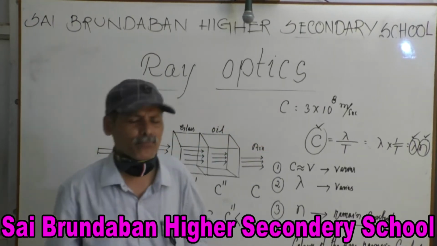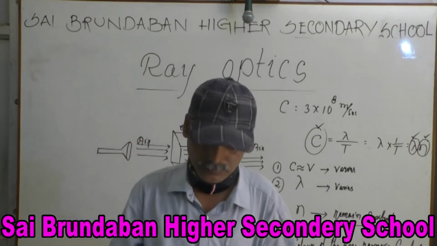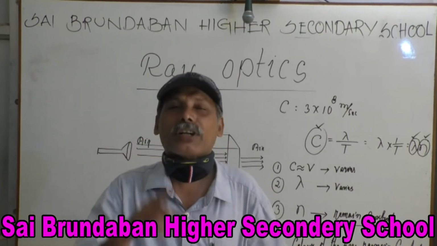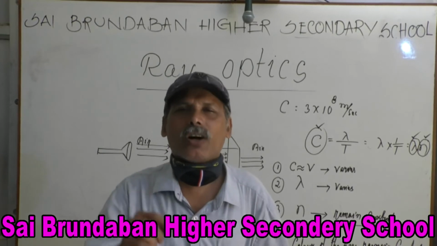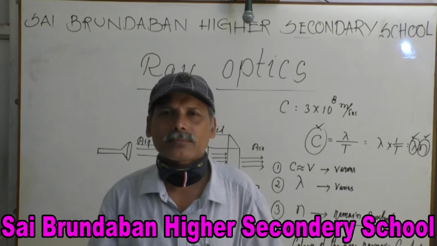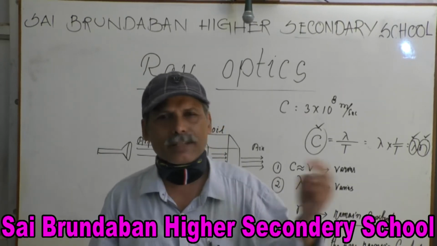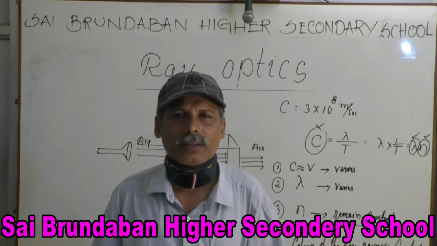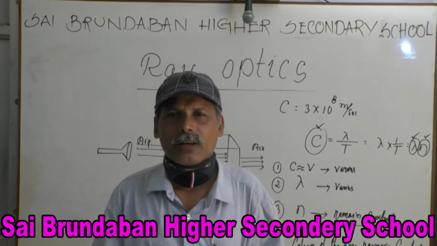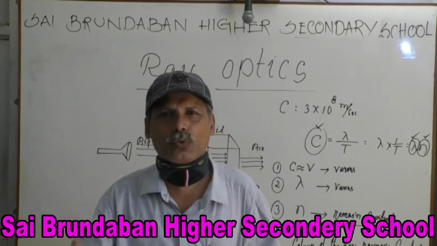Just remember, before teaching you light, I drew the diagram of the sun. So light is coming. Different types of radiations, rays are there: cosmic ray, gamma ray, X-ray, ultraviolet ray, visible ray, infrared, microwave, radio wave.